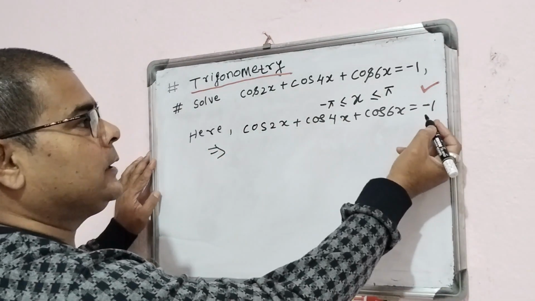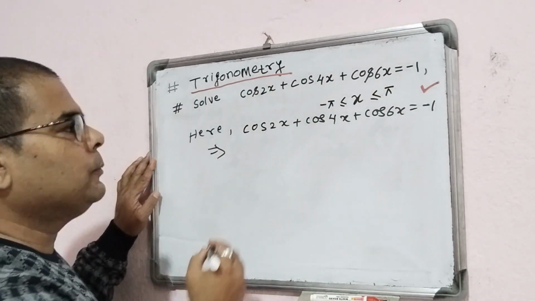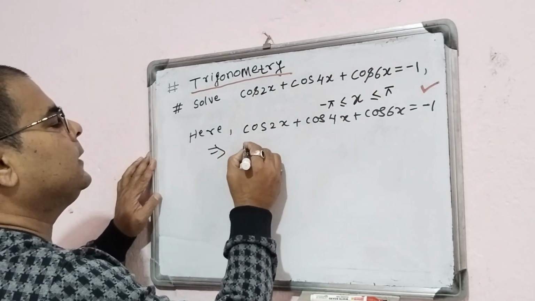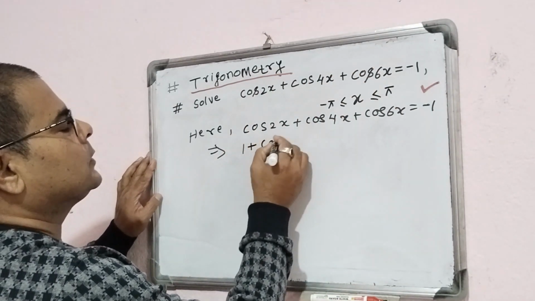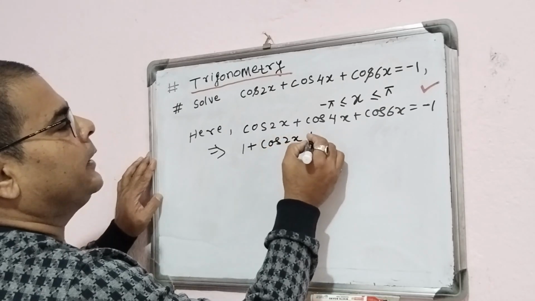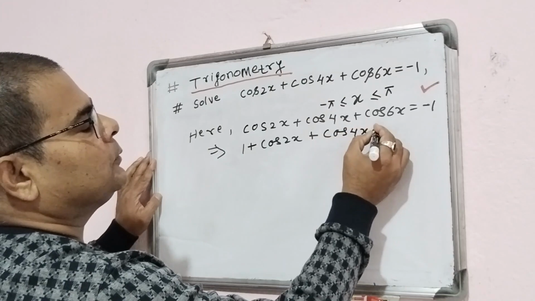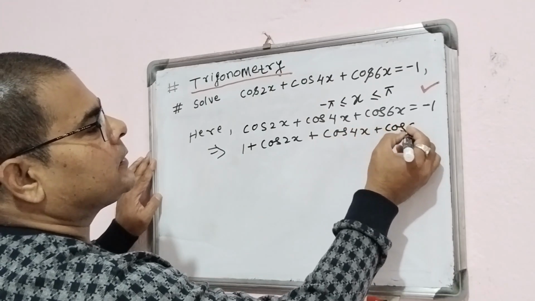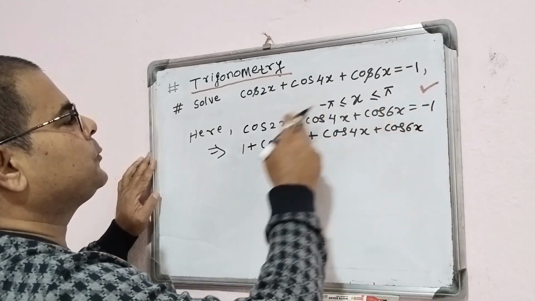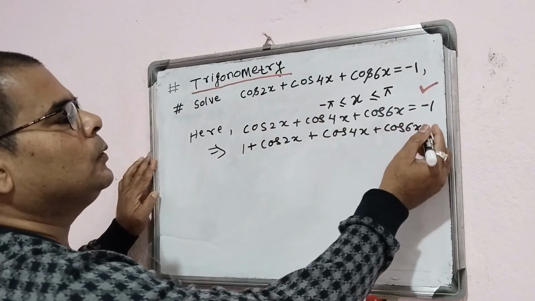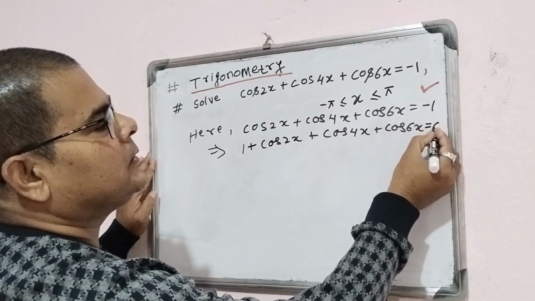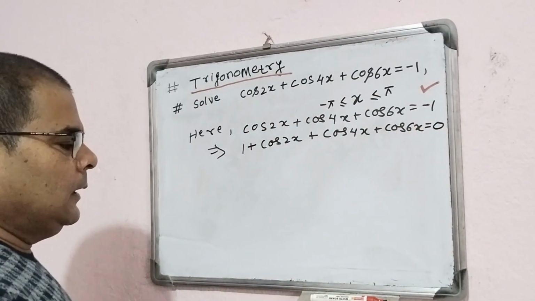If it is negative 1 on this side, it will be positive 1 on the other side. So it is going to be 1 plus cos 2x, then the rest of the terms are cos 4x plus cos 6x, and as it has been transposed towards the left, here you can see it is 0.